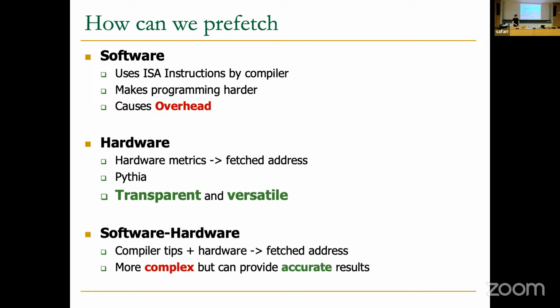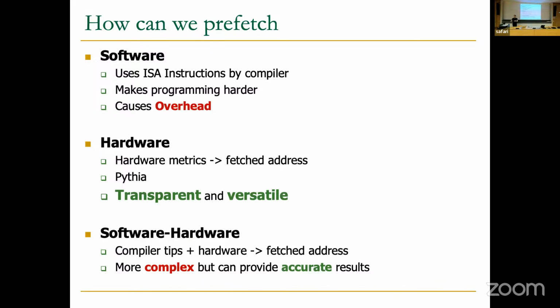And in recent times, something that has become more of a thing that might be possible is software and hardware co-design. That is practically like a hardware prefetcher. So it looks at the states in hardware or reads the features in hardware and then predicts based on that, but it also gets compiler tips. So instead of now getting concrete instructions from the compiler, we have tips.